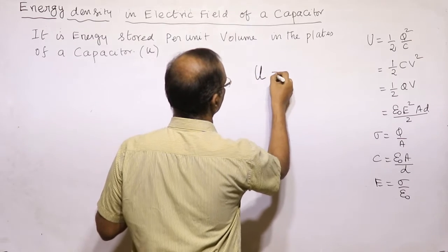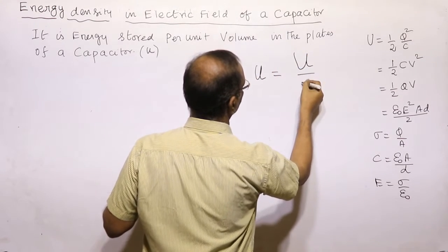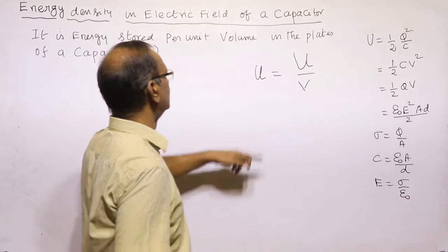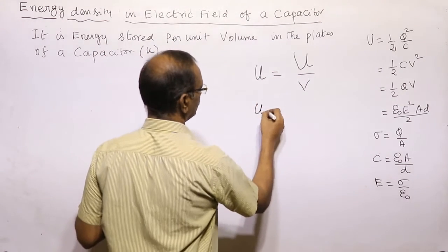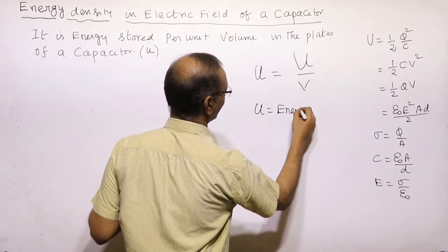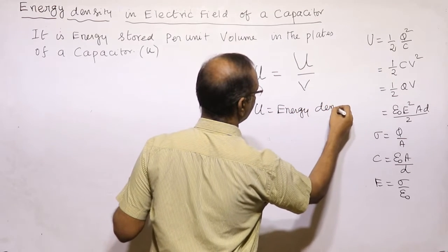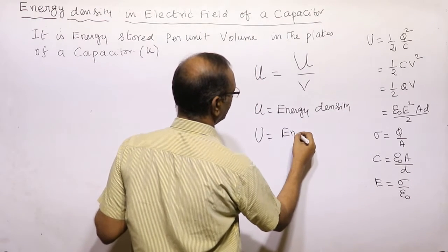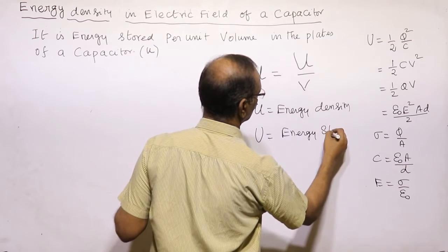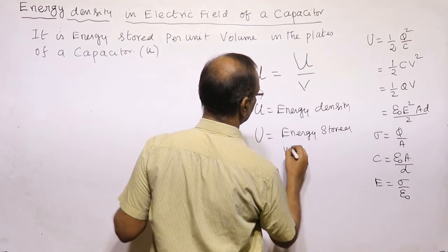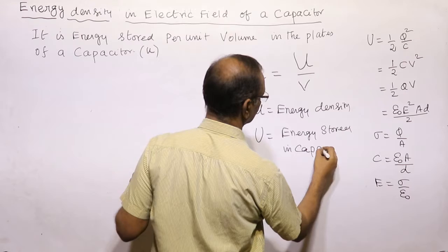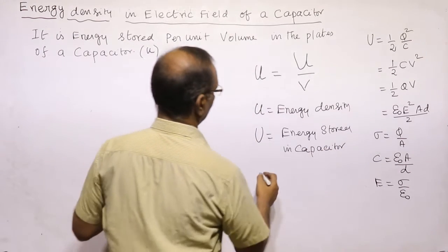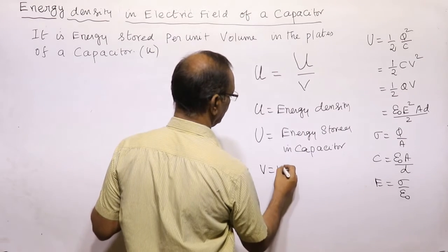So small u is equal to U by V. Energy stored in a capacitor per unit volume is called energy density, where small u is the energy density and U is the energy stored in the capacitor, and V is the volume of the capacitor.